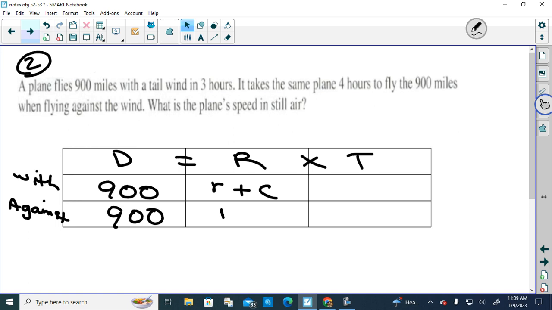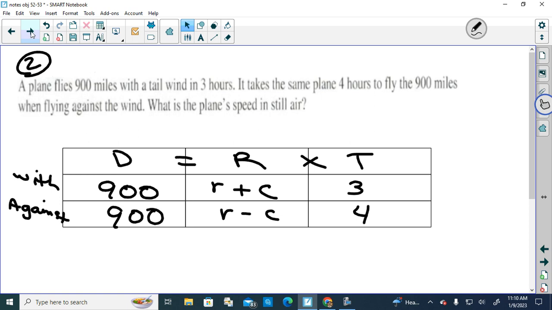What do you think this one's going to be? Subtract, because it's going to slow my rate down. So when I have the speed working with me, how many hours does it take me? 3. When it's against me, it takes me 4. What time are we supposed to bring it in? 11:16.